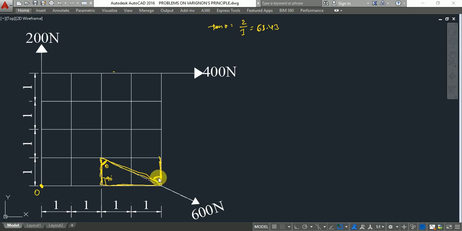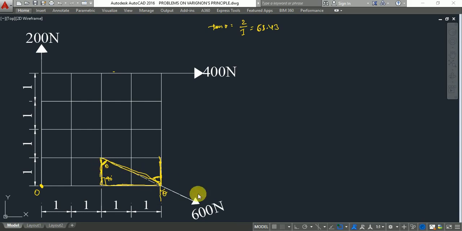This is angle theta. If I draw it like this, the opposite angle of this angle is this one. So this angle is becoming 63.43 degrees. I will write it in a neat manner. So this is the angle theta here.